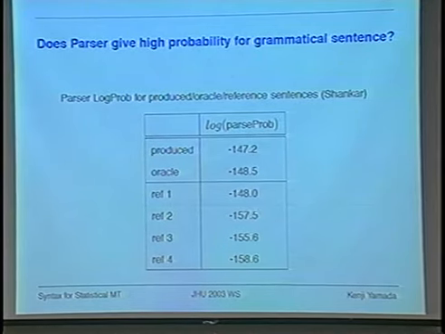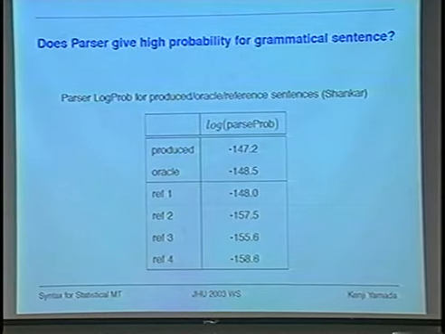The reference sentences are supposed to be good, grammatical sentences, but somehow the parser says the probability is low. So there are several ways of interpreting these numbers, but the sure thing is that simple use of the parser output is not that good.